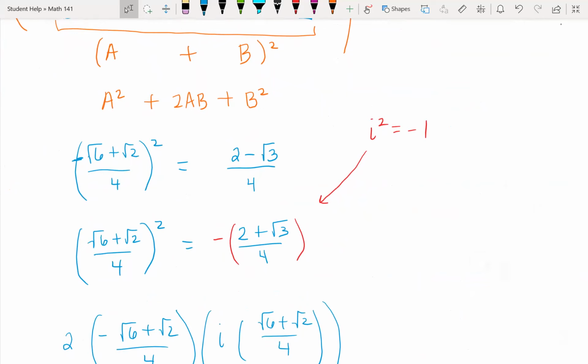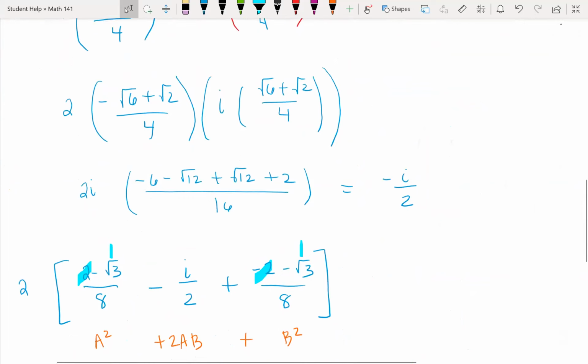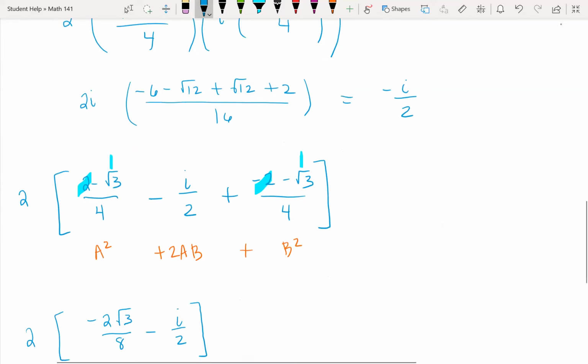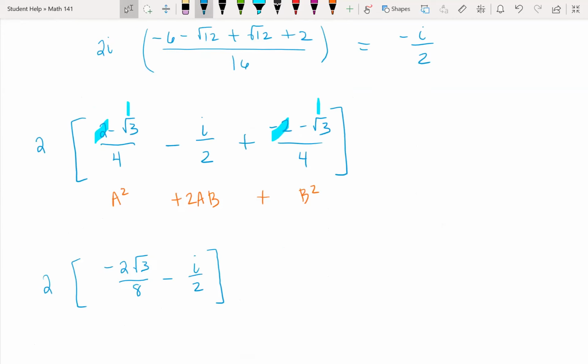So let me scroll again. So this should be a 4. Okay, then I end up with 4 here. Yeah, that makes sense.